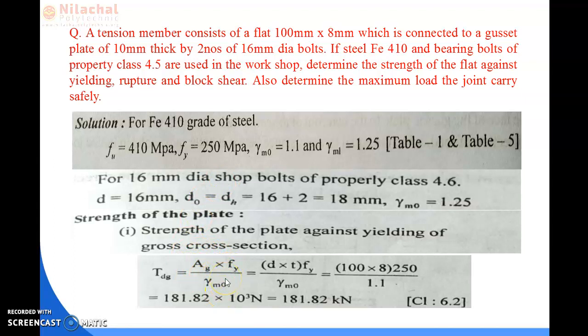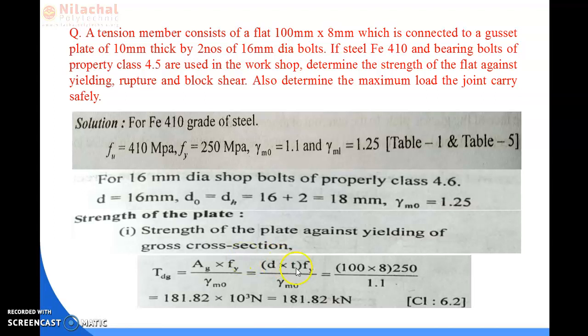The gamma m0 value is 1.1, and the gross section area of the plate section is calculated as width of the plate into thickness of the plate. Width and thickness are given in the question, so your Ag value will be 100 into 8. The Fy value for Fe410 is 250 Newton per mm square.